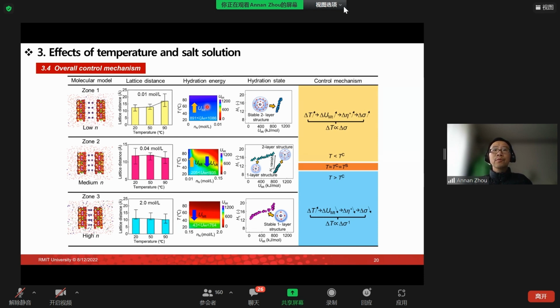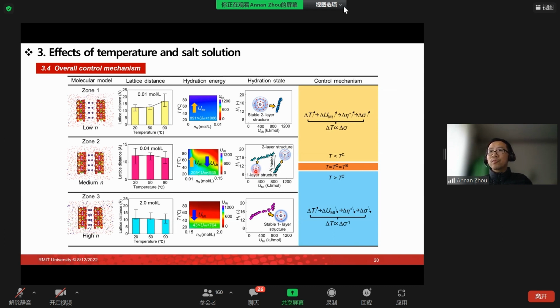In zone 2, the hydration state of the interlayer cations is unstable. At a given salt concentration, the 2-layer hydration structure of the interlayer cations may transfer to the 1-layer hydration structure due to the change of the temperature.